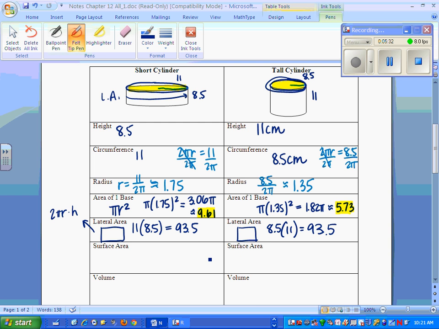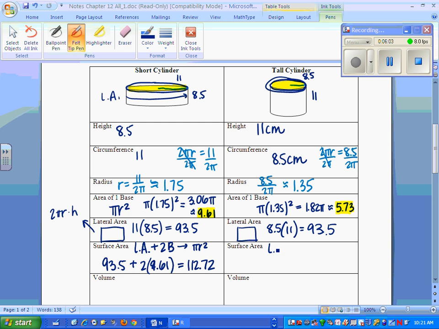So I'm going to take my lateral area, remember lateral area plus the two bases, and in this case the bases are pi r squared because they are circles. I'm going to take 93.5, add 2 times the area of one base, 9.61. This is about 112.72.